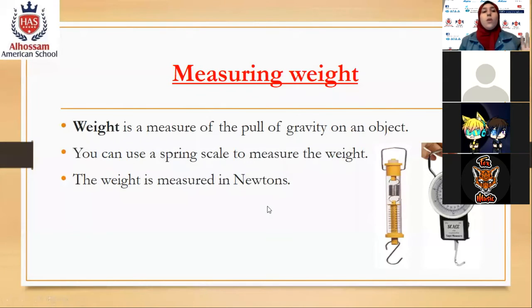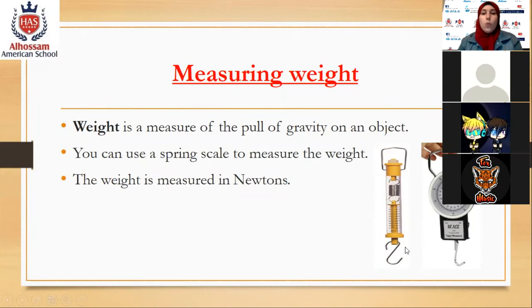So now we can go to the instrument that is used to measure the weight of objects. It's called the spring scale, and this is how it looks. The object is hung here in this part, or this part. Let's talk about the first one.